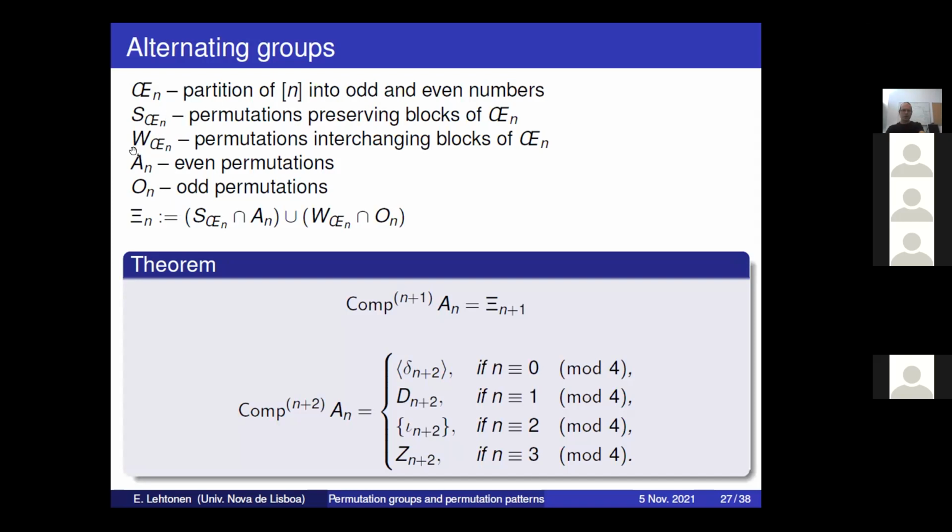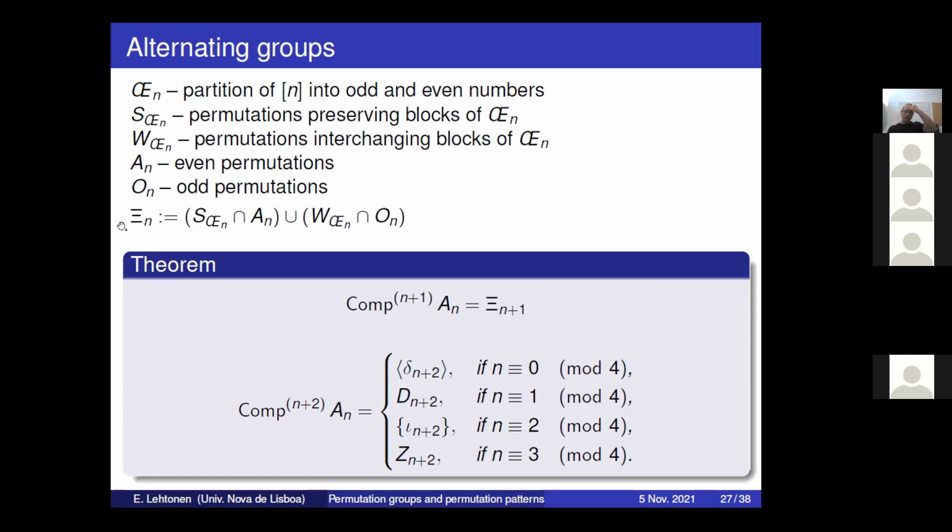Let us also denote by WOEN the set of all these permutations that swap the blocks of this partition, that is, they map odd to even and even numbers to odd numbers. We also have the alternating group, the even permutations, and let's denote by ON the set of all odd permutations.